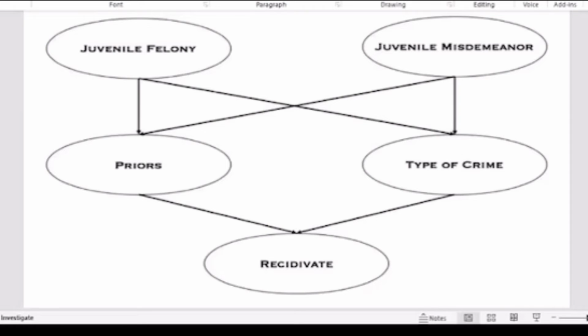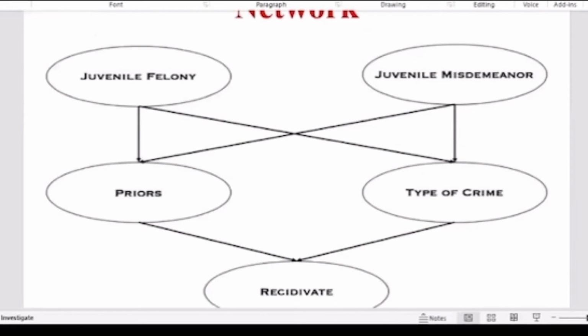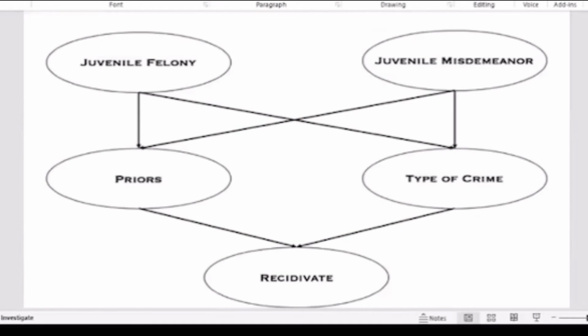In the criminal justice system, at the end of the day, they will be able to find from this network the probability that that person will reoffend, and that will play a big role in sentencing. That is the reason why at times different offenders get different sentences.